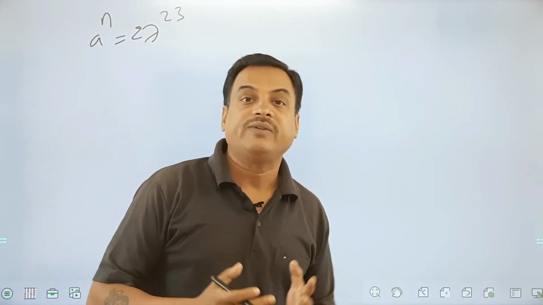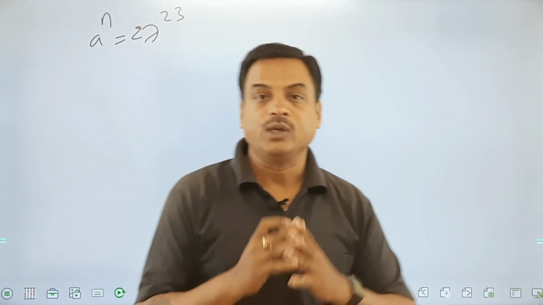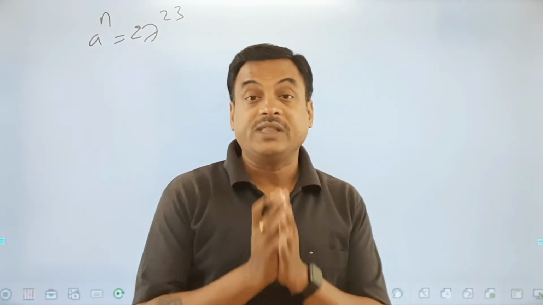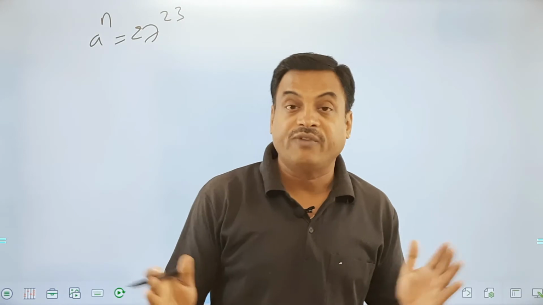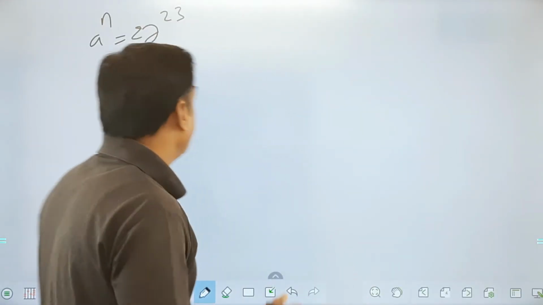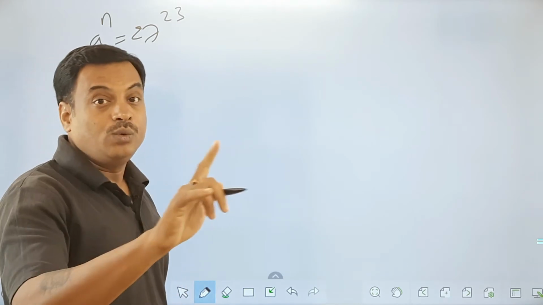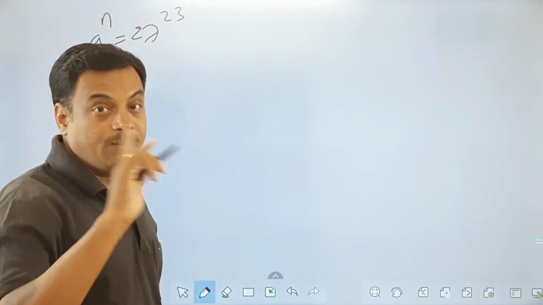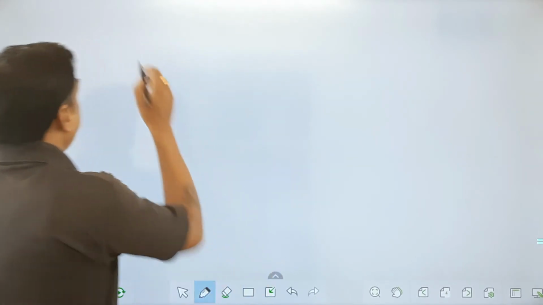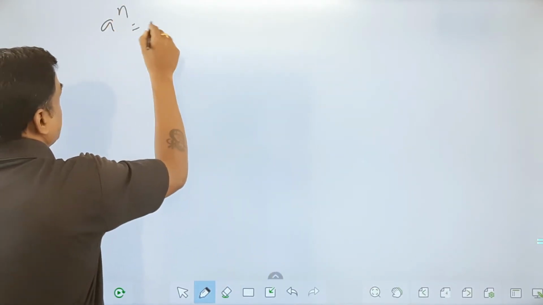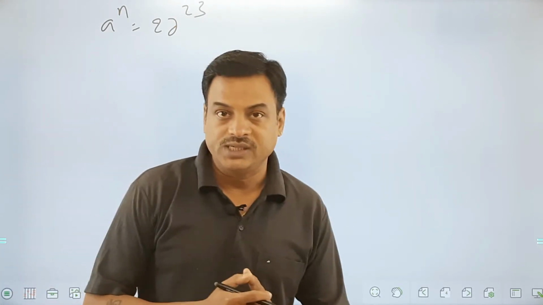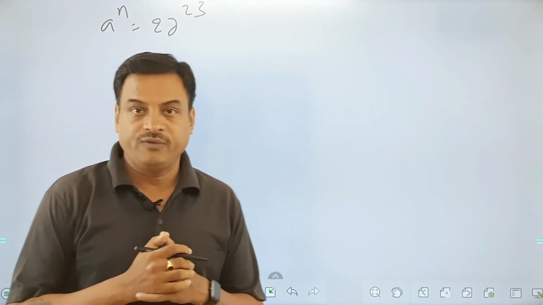We can imagine 27²³ is going to be a huge number, but we need to find out the last two digits without expanding, without actually finding the value of 27²³. That is our main agenda. As I discussed, the last two digits will repeat after every 20 powers. So let's take the same example which we started with. Let me find the last two digits of 27²³.